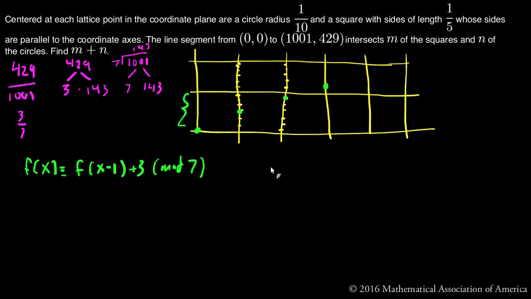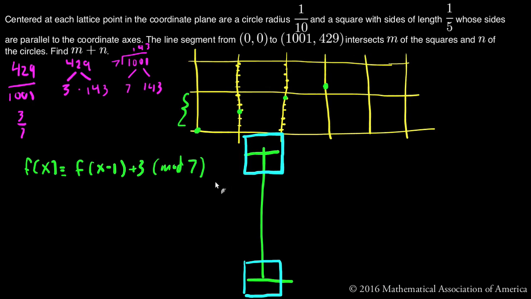And in here, looking at a single one of these steps, I end up having a square with side length 1/5. The idea is that means they are 1/10 of the way into each of these, and we have 1, 2, 3, 4, 5, 6.